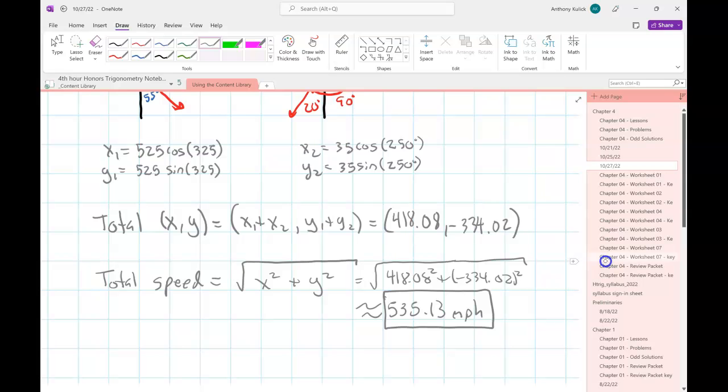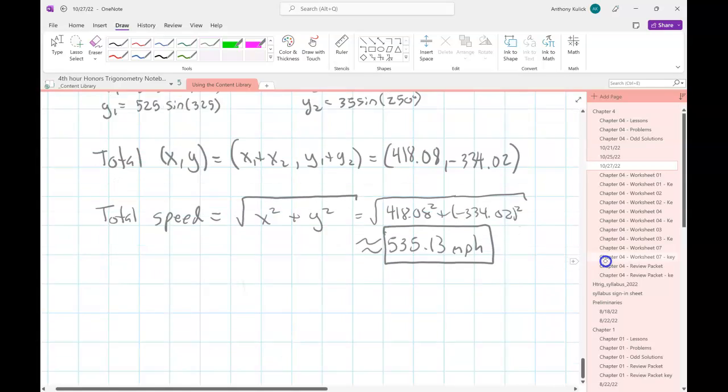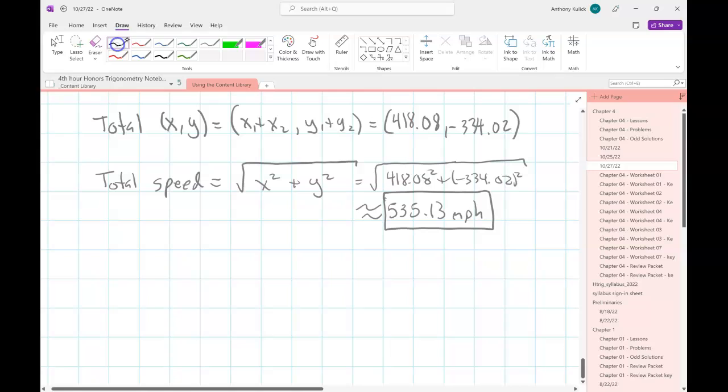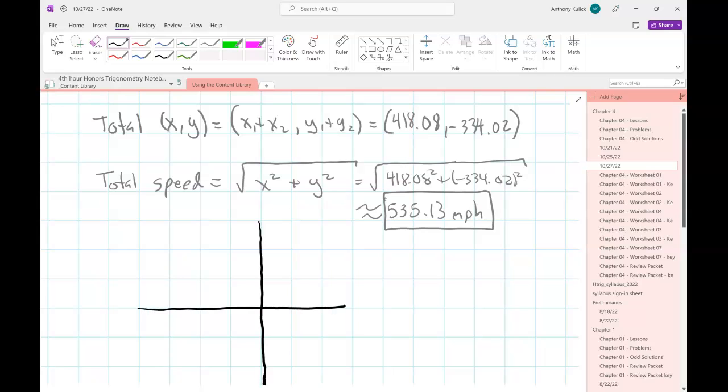The last thing I need is the bearing. To get that, I'm going to start by plotting that total position. That total position was 400 to the right, and then like 300 down. So somewhere down here in the fourth quadrant.